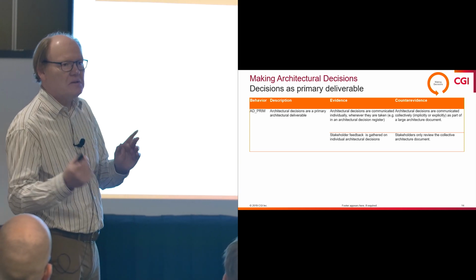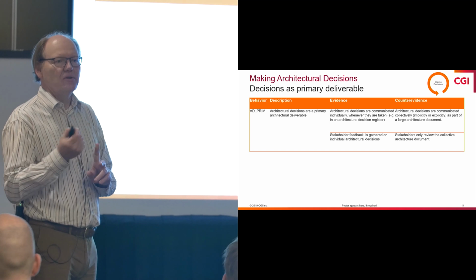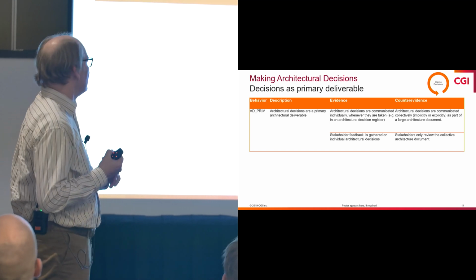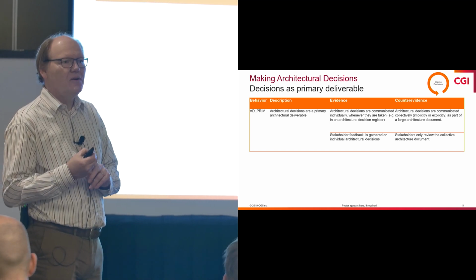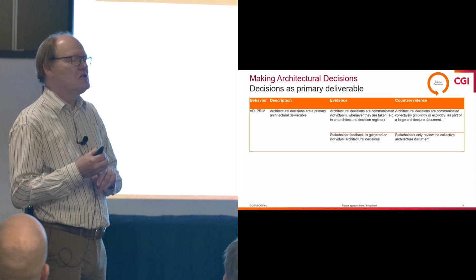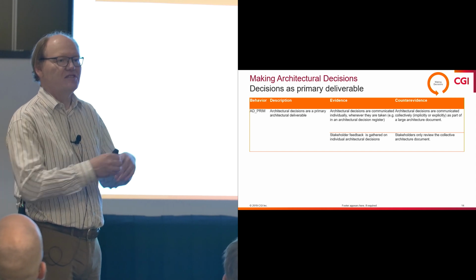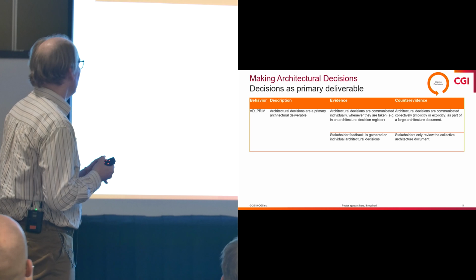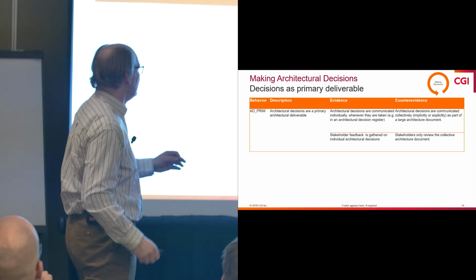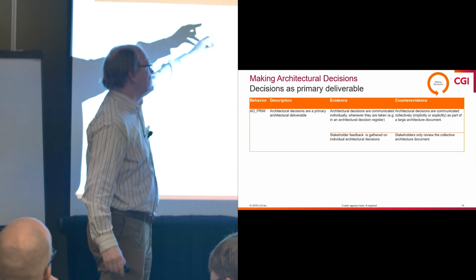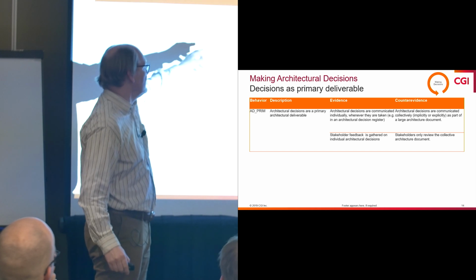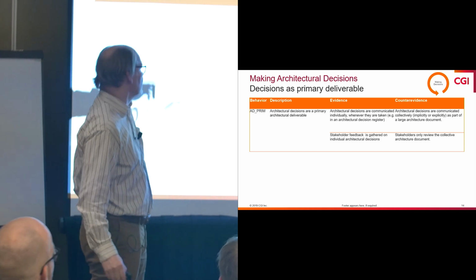But first, how good is our organization or our team at this? Do they still consider architecture as resulting in a big document and that's its primary deliverable? Or are the architectural decisions communicated individually whenever they are taken?